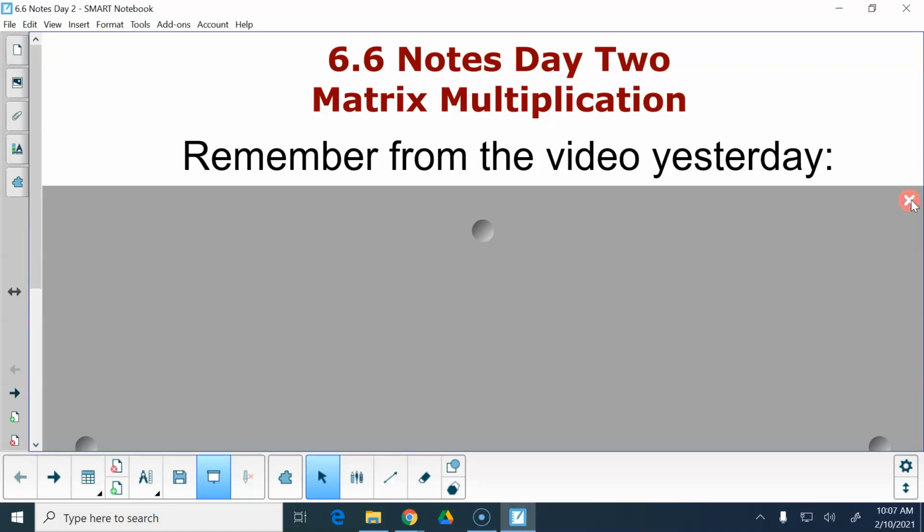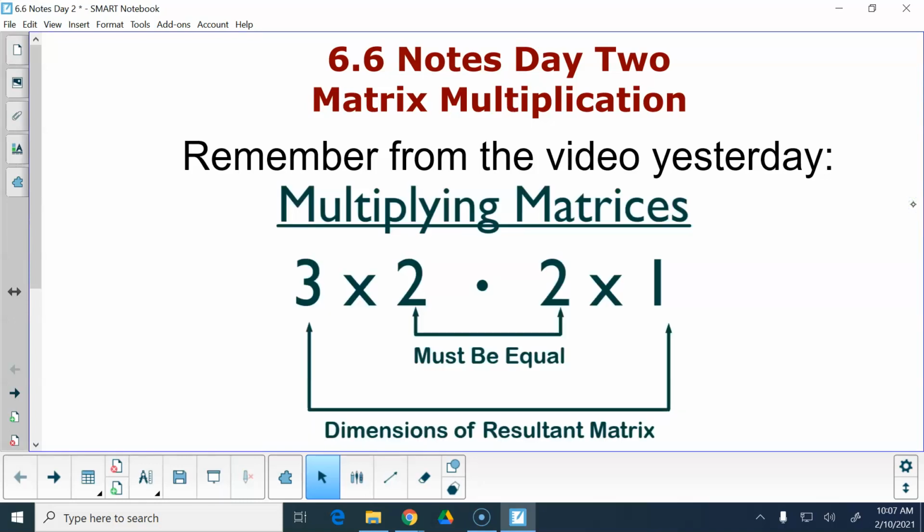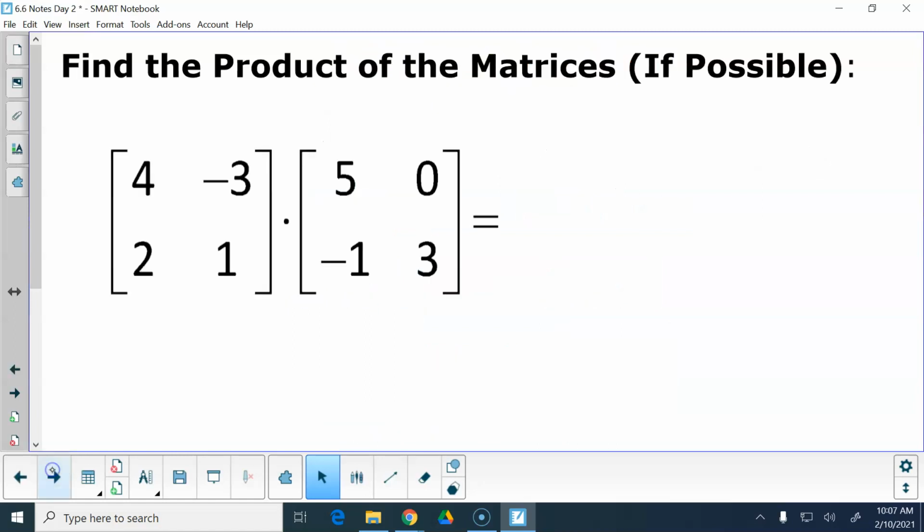So, one of the things that you were supposed to do is remember that when we're multiplying matrices, which we're going to be doing today, those two middle dimensions have to be equal. Okay? If those aren't equal, we can't do it. So the first thing we've got to do is look and see what the dimensions of this one are. I count 2 rows. I count 2 columns.